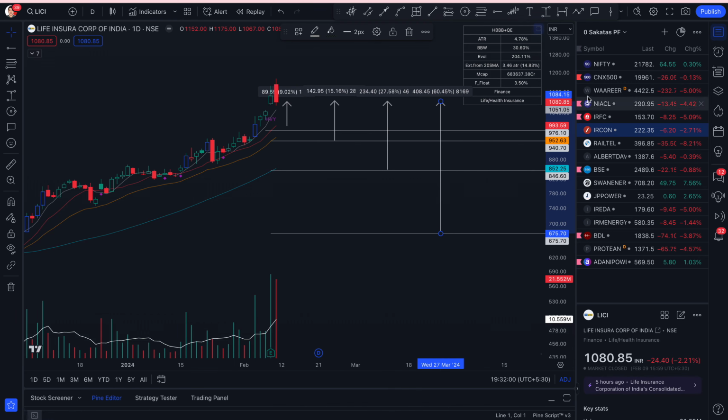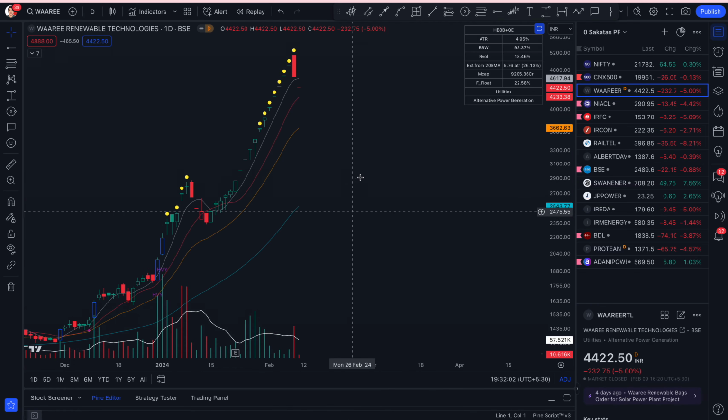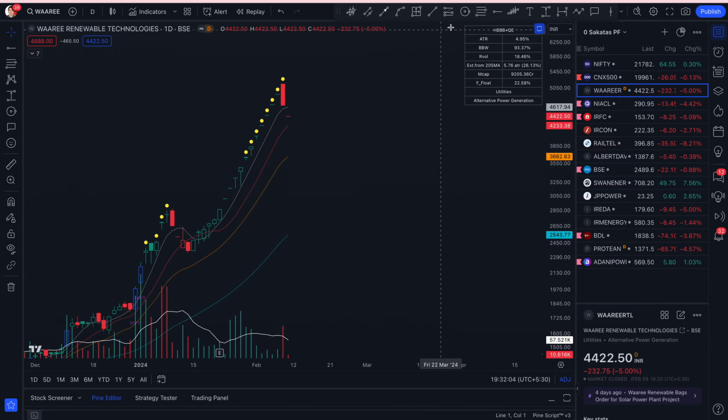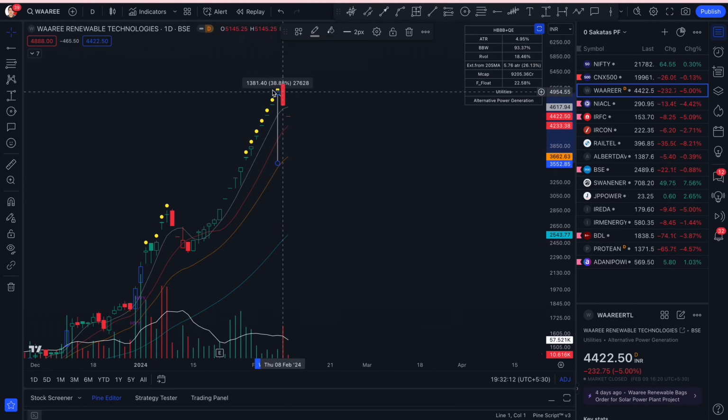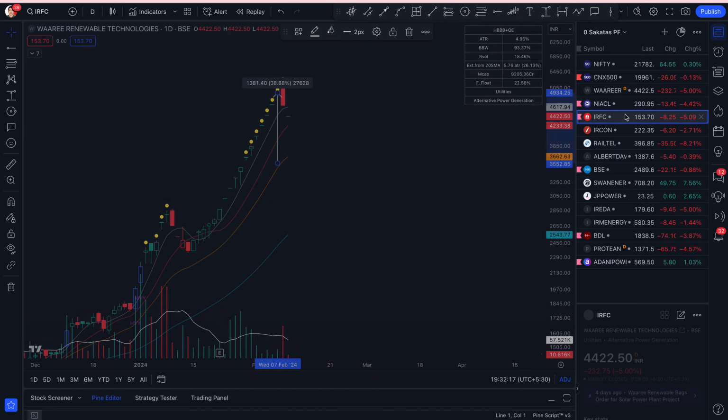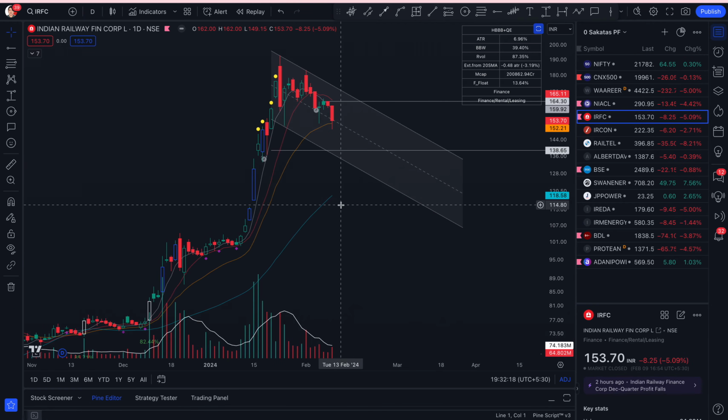Whereas in things like Wari, for example, Wari has come back, but at some point here it was like 38% extended from the 20 DMA. IRFC was at this point hugely extended from the 20 DMA.